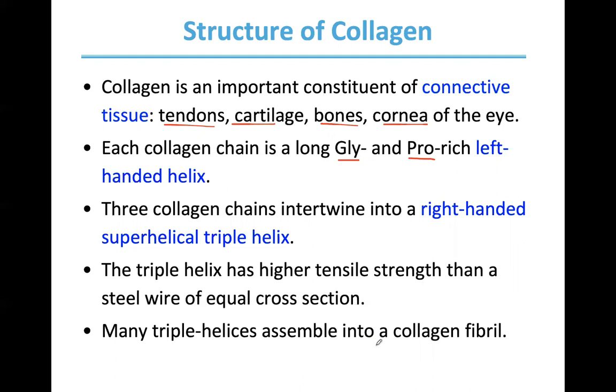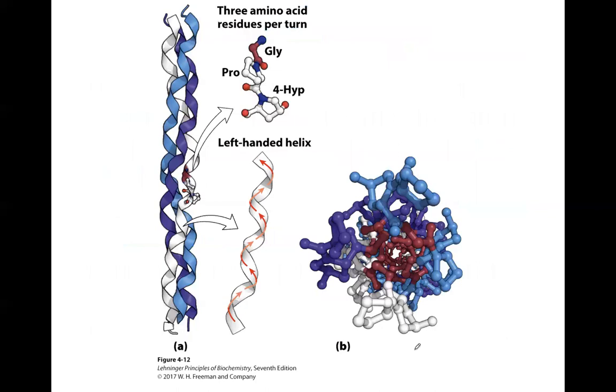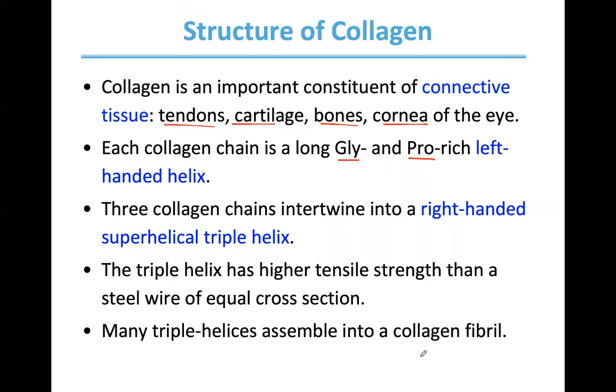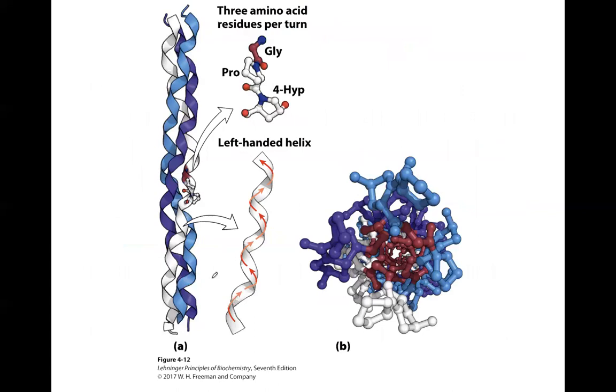And they assemble into collagen fibrils. So we'll talk about that in a moment. So let's go back. Right-handed superhelical triple helix. So the left-handed helix, right? So here is the structure of collagen. So we have a left-handed helix.